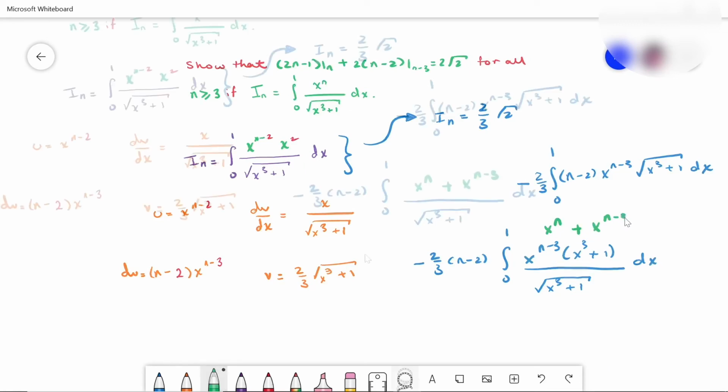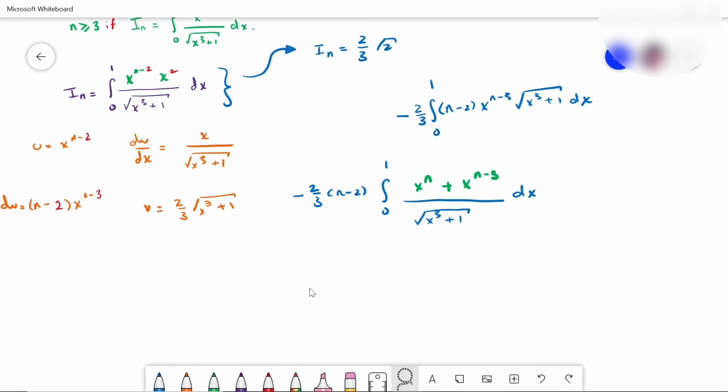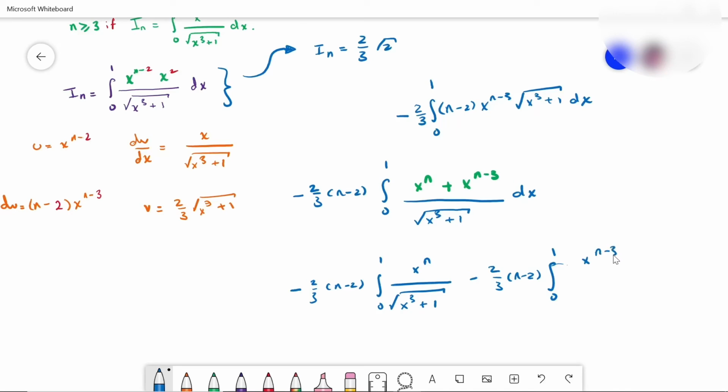Okay, so let's break down this integral even more. So we're going to get minus 2/3 times n minus 2 lots of the integral from 0 to 1 of x to the n all over the square root of x cubed plus 1, minus 2/3 lots of n minus 2 of the integral from 0 to 1 of x to the n minus 3 over the square root of x cubed plus 1.